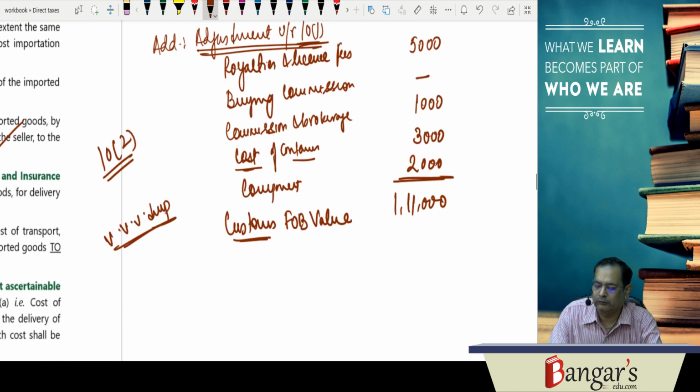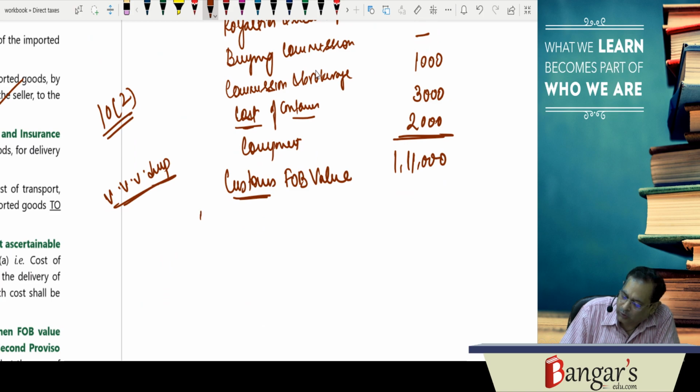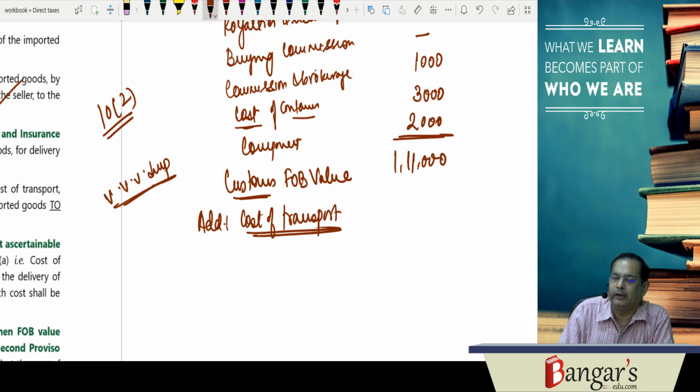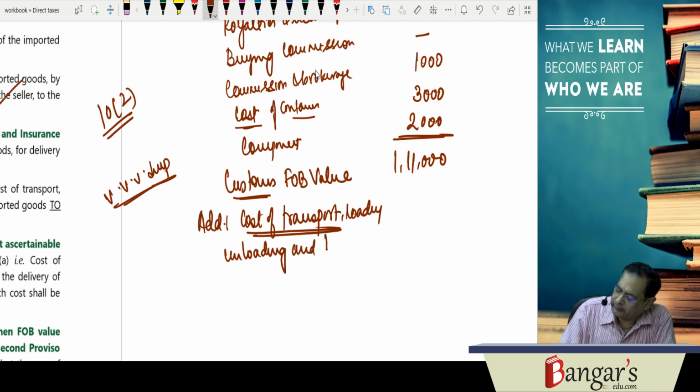Now in this, what you add is the cost of transport, loading, unloading and handling charges to the place of importation.